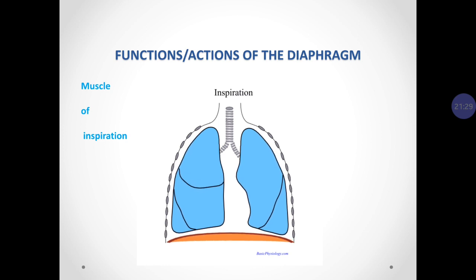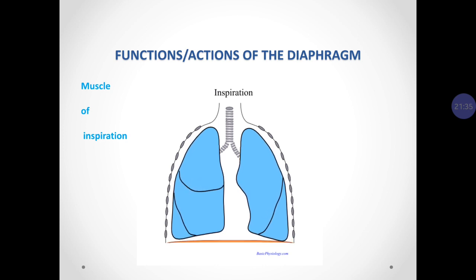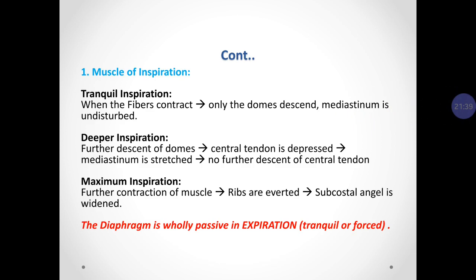But when expiration occurs, the muscles of the diaphragm relax. In case of tranquil or normal respiration, the fibers of the diaphragm contract and only the dome part of the diaphragm descends. The mediastinum is undisturbed.